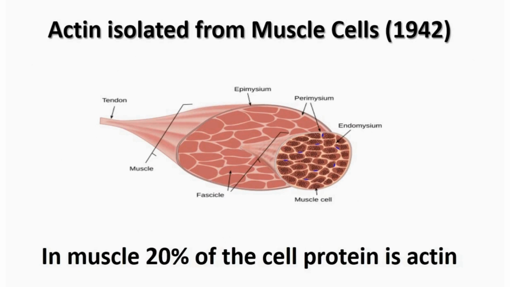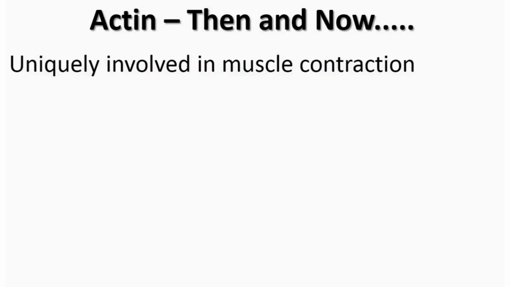But the concept of actin has changed over the years. So I will talk about actin then and actin now. One important point is that actin was thought to be uniquely involved in muscle contraction.